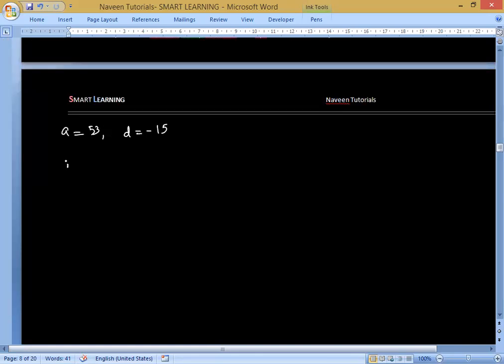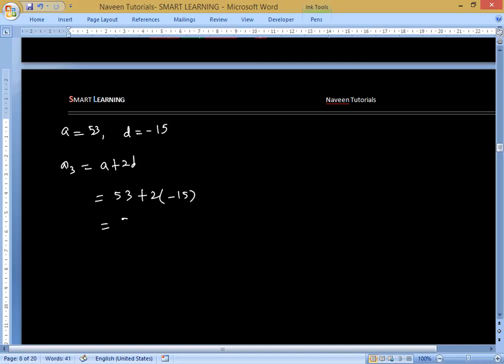So directly we'll write a3. a3 means a plus 2d. a is 53, plus 2 into minus 15. So 53 minus 30, so you're getting 23. So again you have to find a4. What is a4? a plus 3d.